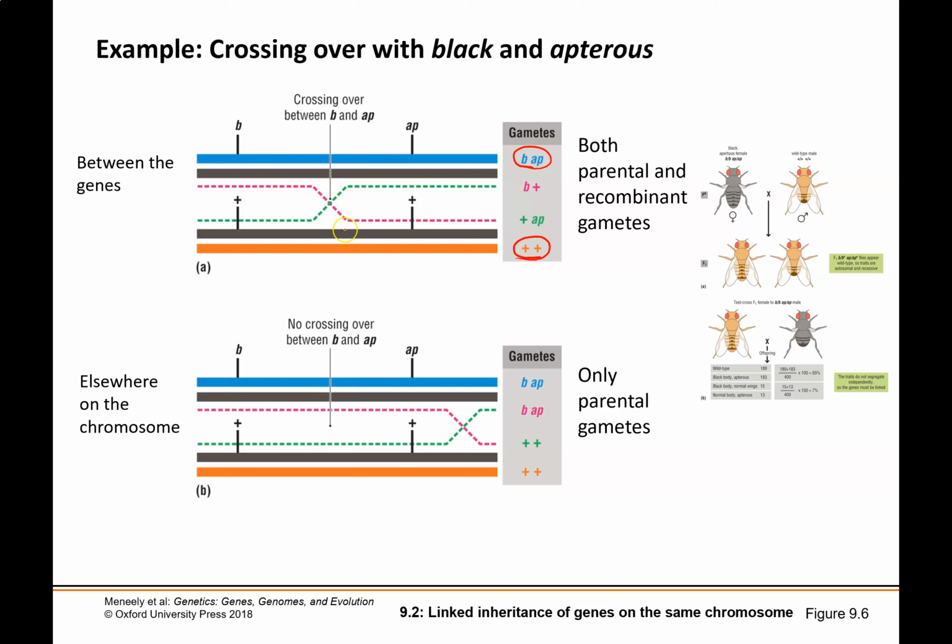If we have a recombination event in between, we get the new recombinants. We get black with normal wings, and we get normal color with apterous wings. If the crossover event occurs outside of these genes, no crossover occurs in between, and we get only parental gametes.